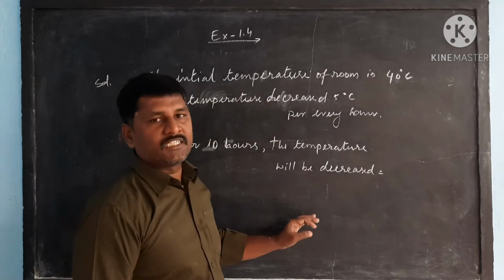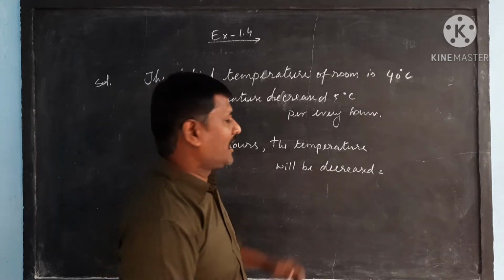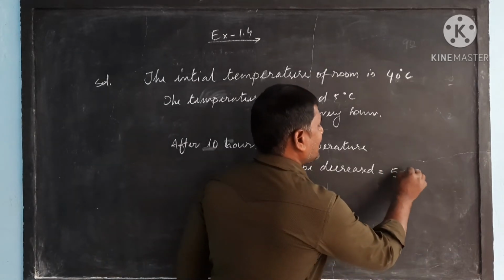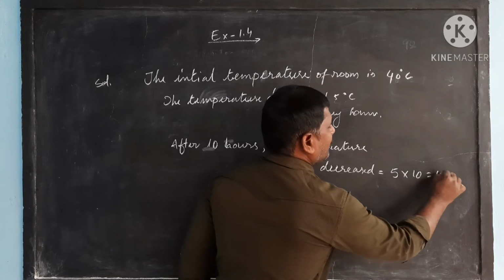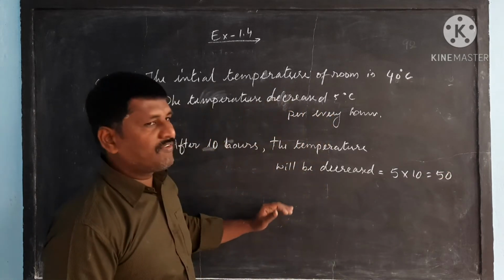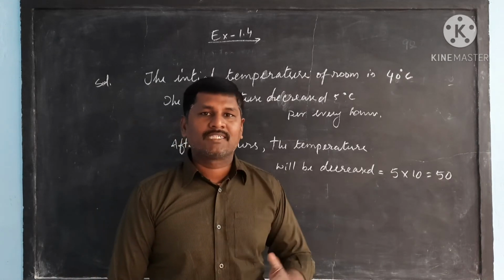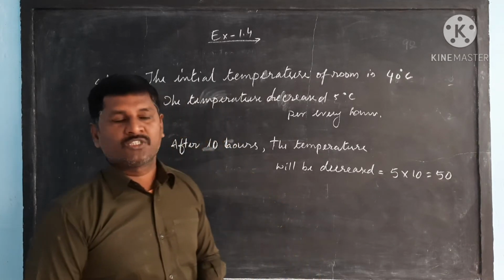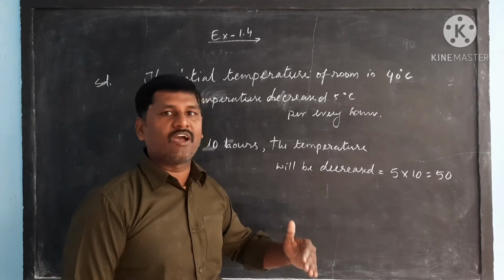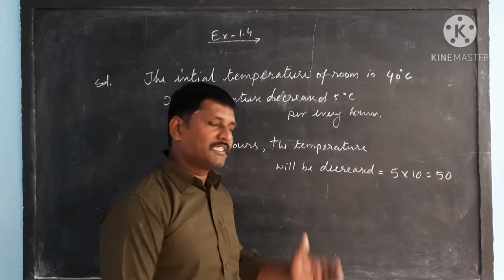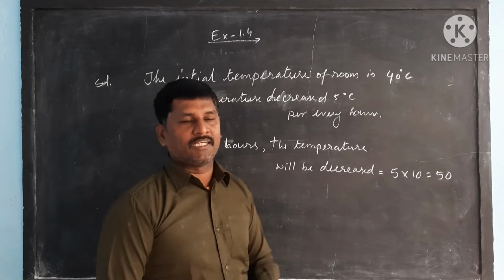Each hour it decreases 5 degrees centigrade, and after 10 hours the temperature will be decreased by 5 into 10, which is 50. As in the freezing process the temperature decreases, you have to add a sign, that is minus. When the temperature increases you add a plus sign, and when the temperature decreases you keep a minus sign.